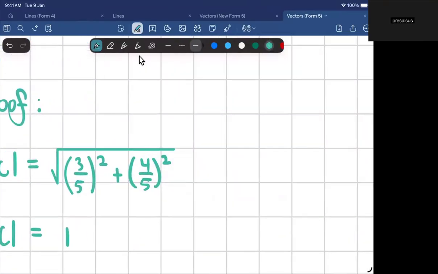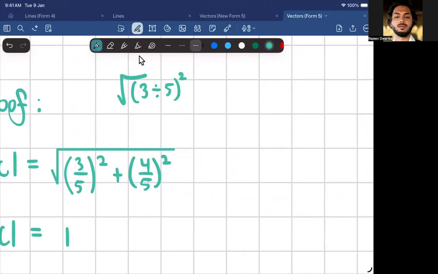All right, you're going to press the square root button, then open a bracket, put 3 divided by 5, close bracket, raise that to the power 2, plus, open bracket, 4 divided by 5, close bracket, squared. Try that and see if you get through. If you want to be extra safe, you could put in another pair of brackets. Try putting that into the calculator and tell me if you get a 1.